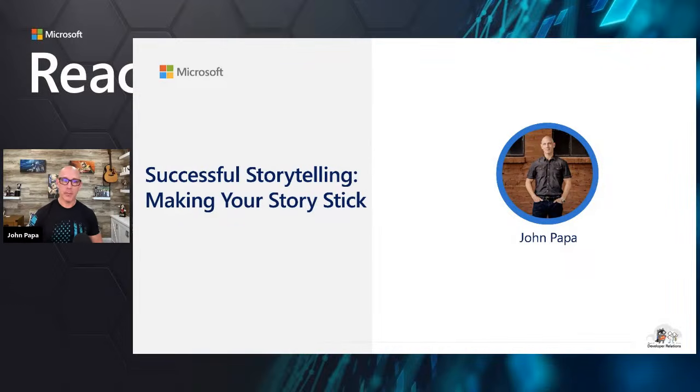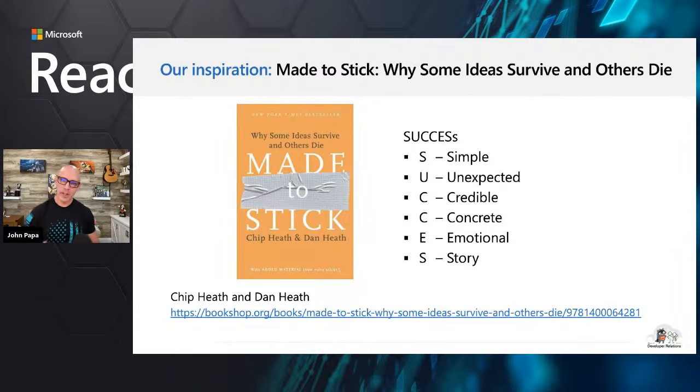My name's John Papa, and today we're going to talk about some tips that you can use to create successful storytelling and make it stick in people's heads so you know which button to press with your stories. A lot of the inspiration for this conversation today comes from this great book called Made to Stick. It's why some ideas survive and others die.